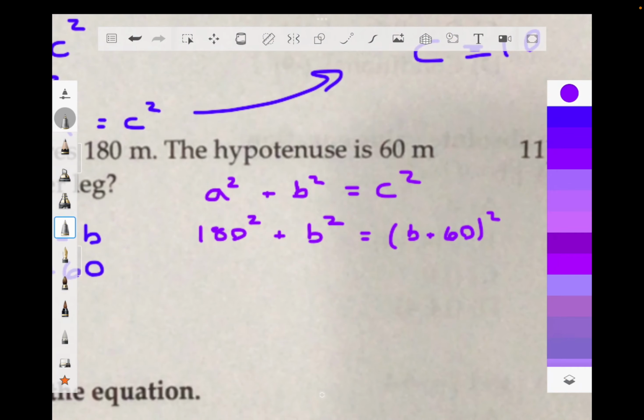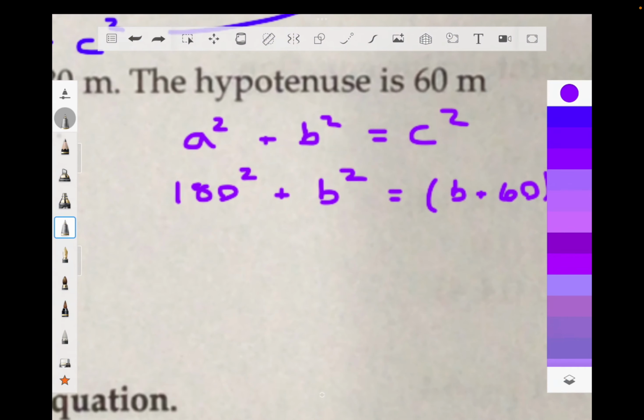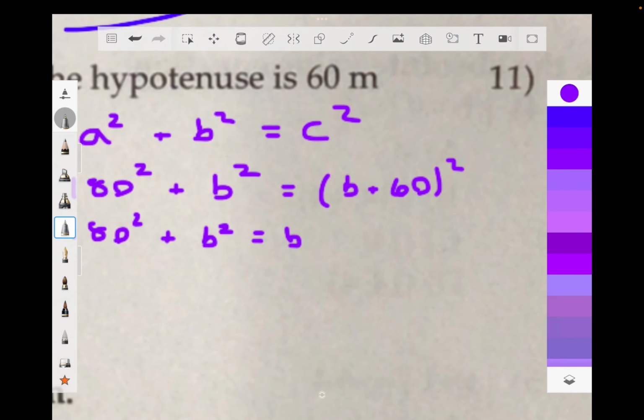And then same thing, we just solve for B. So we could do 180 squared plus B squared equals B plus 60 squared.